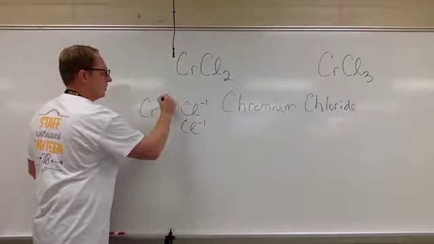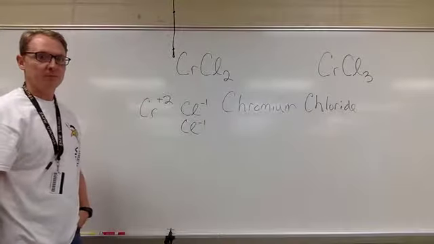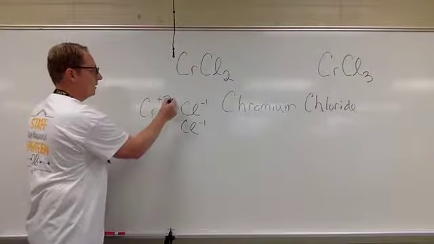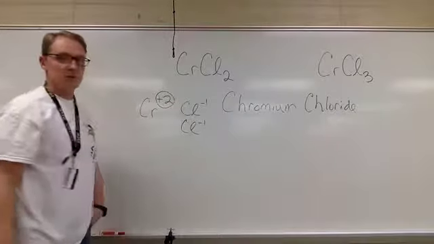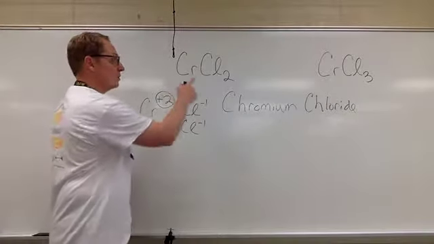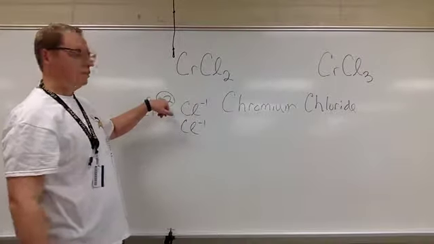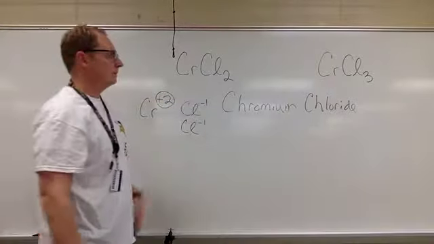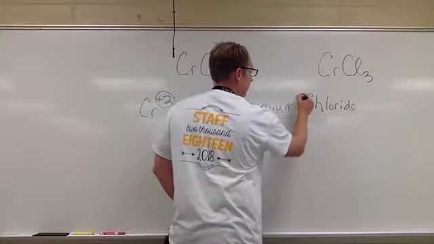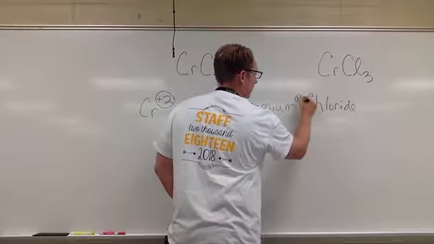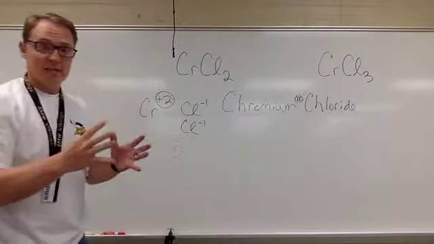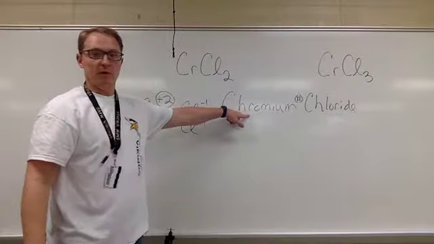So this must be chromium +2. This charge of +2 is what's represented in the actual name of this right here. This is chromium(II) chloride, and we would write that by putting the Roman numeral 2 in here, right by chromium. Sorry about squeezing it in.